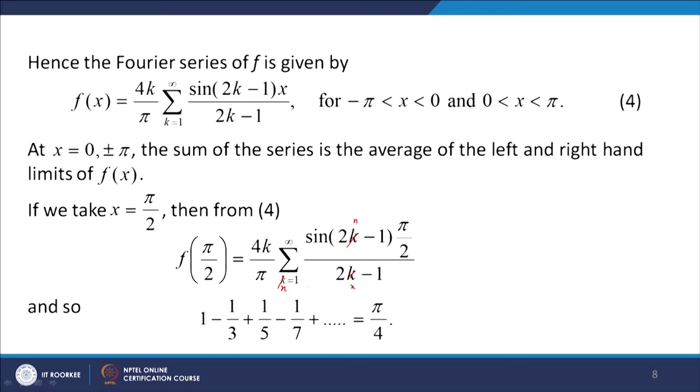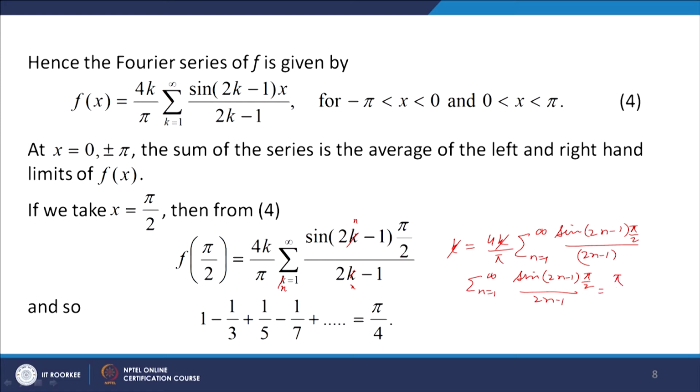So, then what you see is that f pi by 2 is equal to k. So, k equal to 4k over pi sigma n equal to 1 to infinity sin (2n minus 1) into pi by 2 divided by (2n minus 1). This k will cancel with k, and we will have sigma n equal to 1 to infinity sin (2n minus 1) into pi by 2 divided by (2n minus 1) equal to pi over 4.